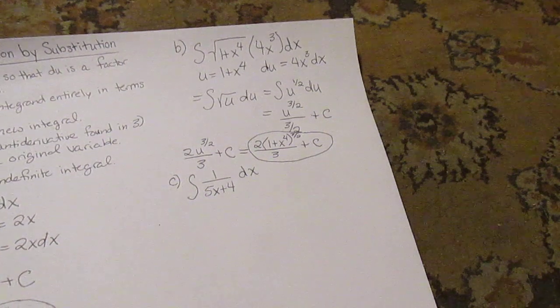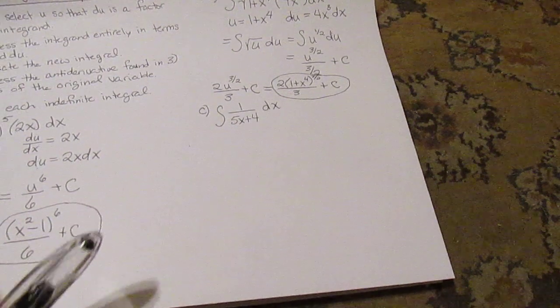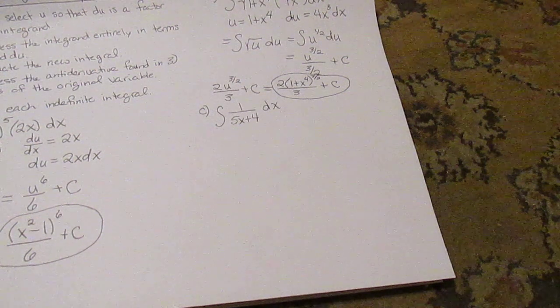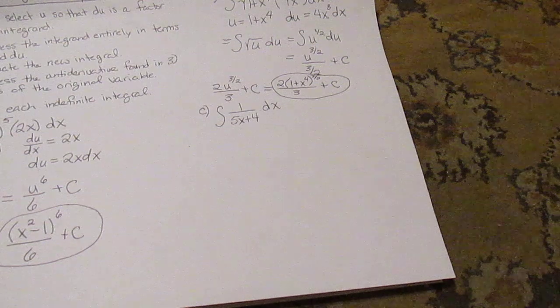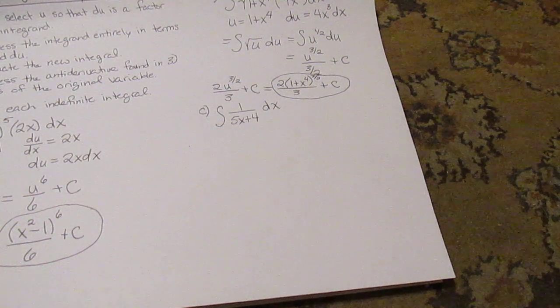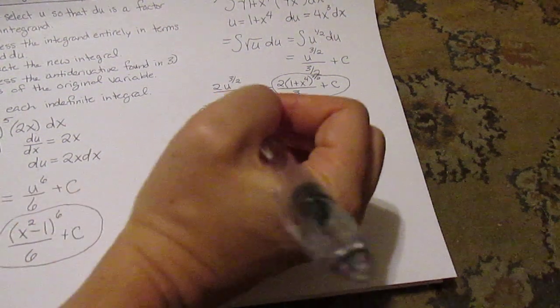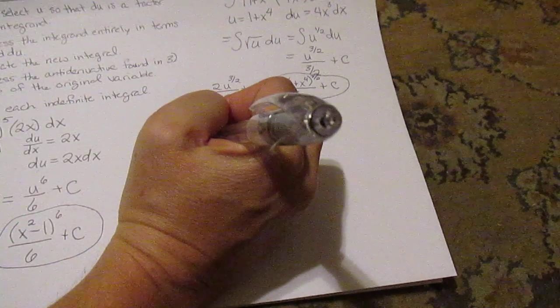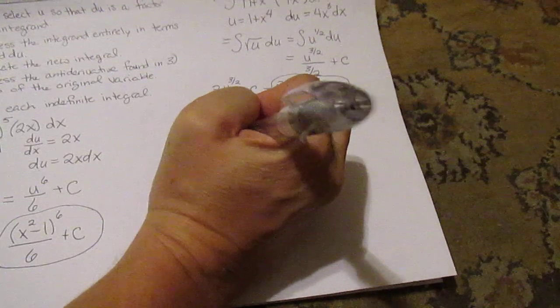Okay, let's try one more. Part C, I've got the integral of 1 over 5x plus 4 dx. Well, the only expression I see in here, 5x plus 4, I'm going to try that out as my u, see what happens.